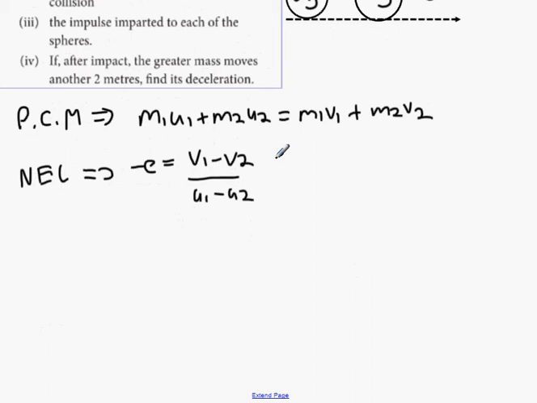I'm going to do a simplified version of the question to explain what Newton's experimental law means. If I had a collision, and the first one's going in at let's say 26, and this one here is coming in at 6. What's their velocity relative to each other? 20.